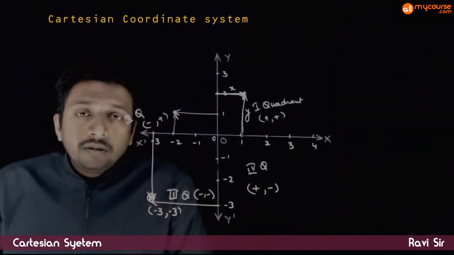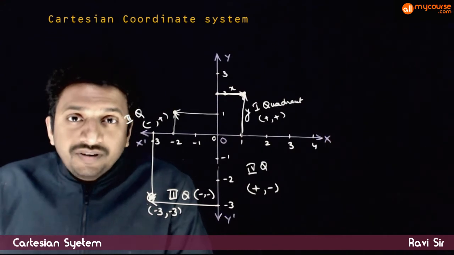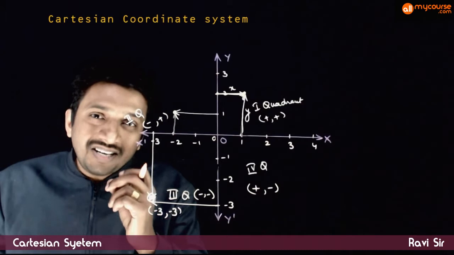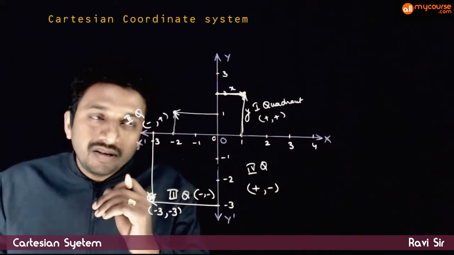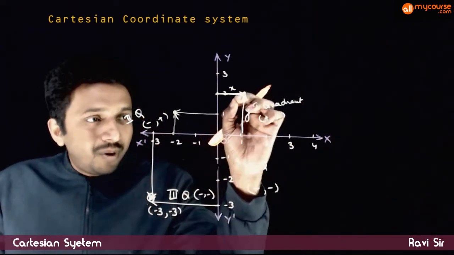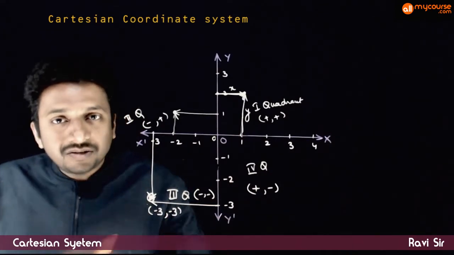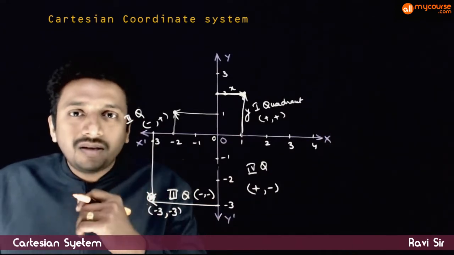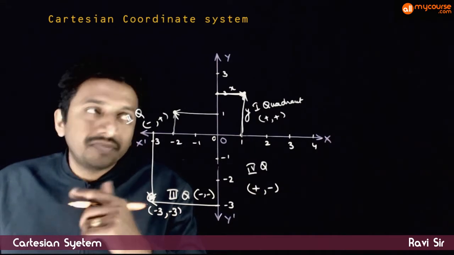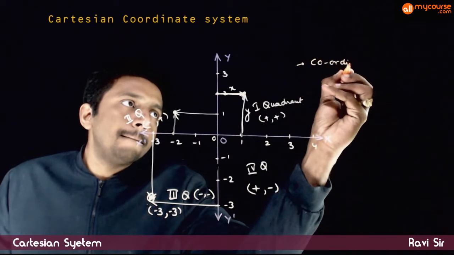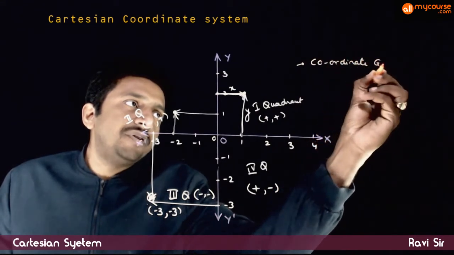So coordinate geometry is a branch of mathematics which studies different curves by representing the points by the ordered pairs x, y. This ordered pair x, y is also called Cartesian coordinates. So coordinate geometry.